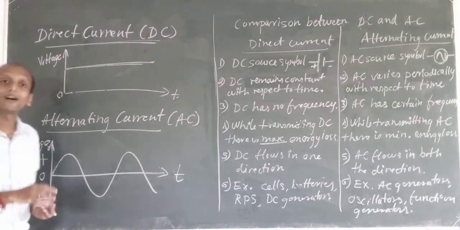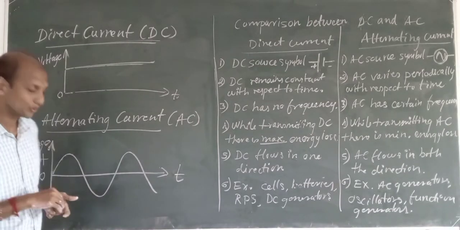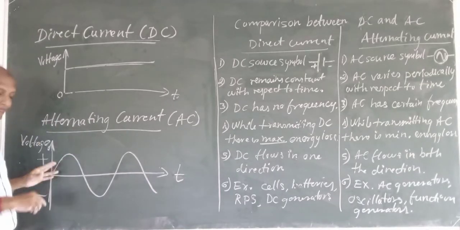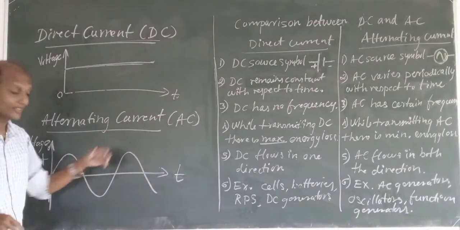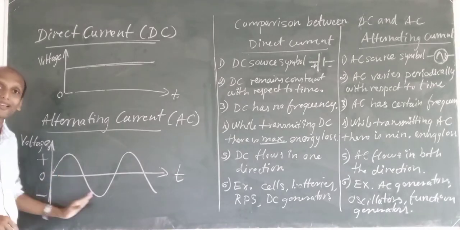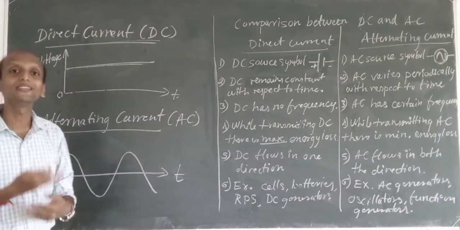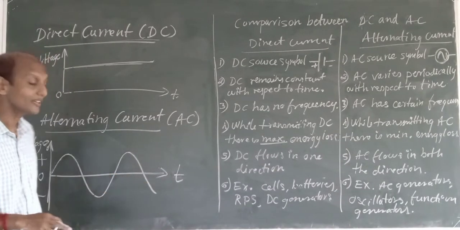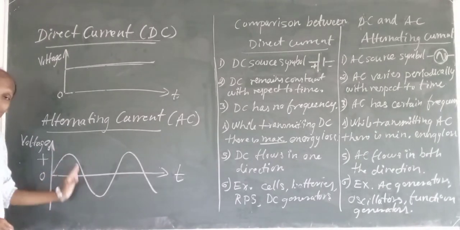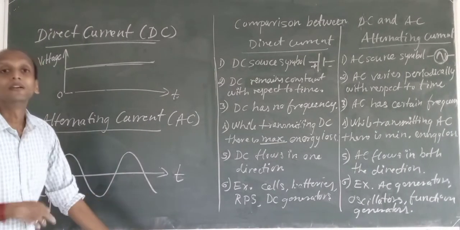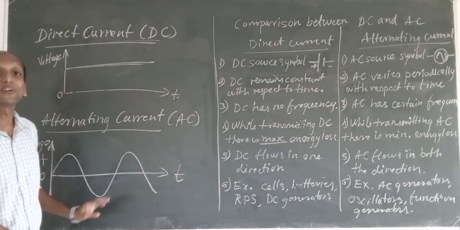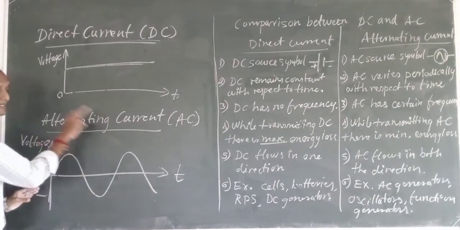So the current whose magnitude and direction are continuously or periodically changing with respect to time is called alternating current, AC.